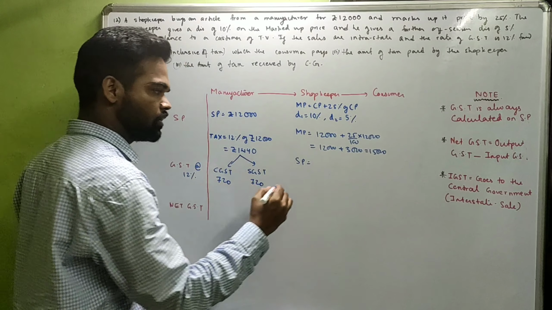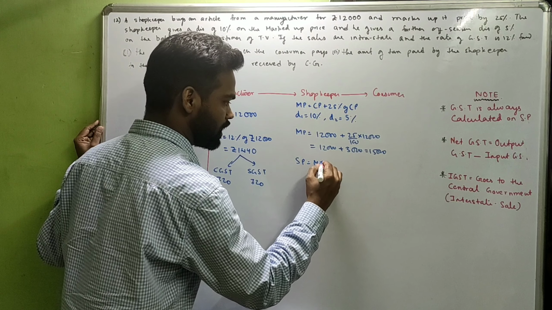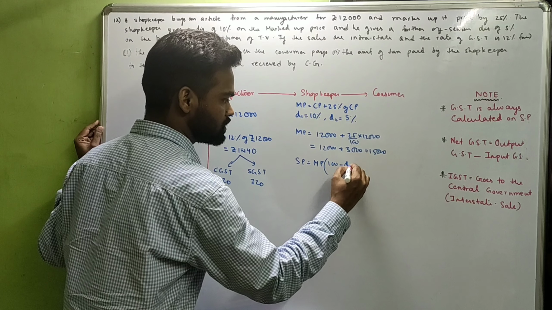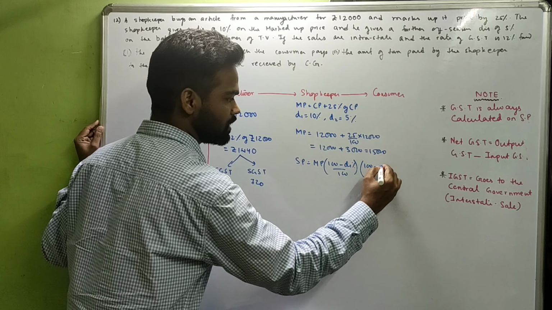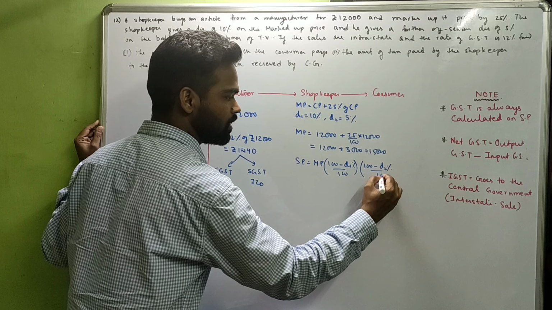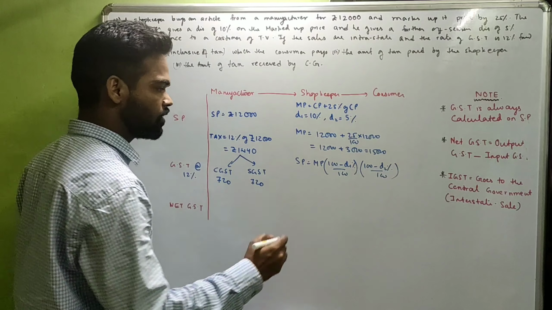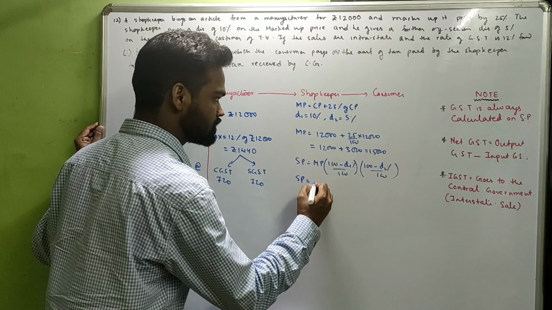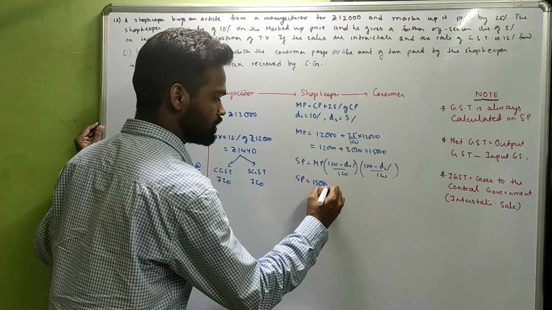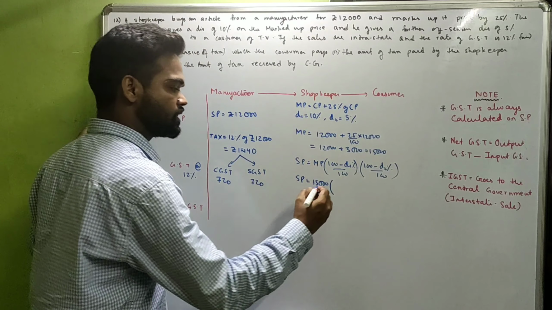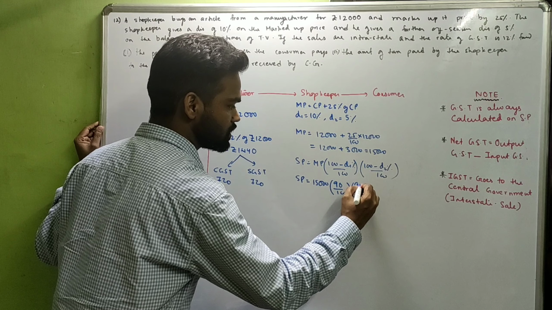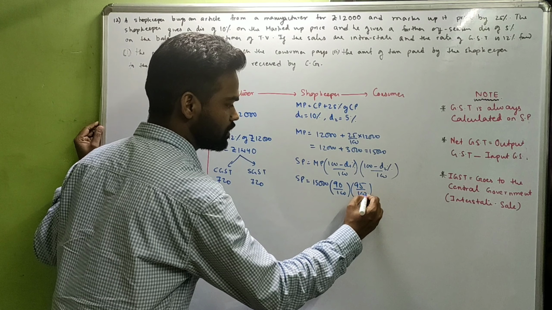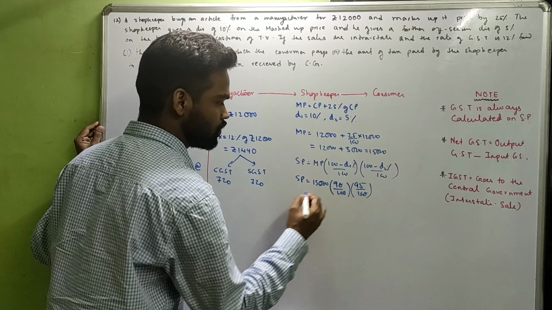Now the SP. There are two discounts, so we know it will be mark price times (100 minus D1)/100 times (100 minus D2)/100. Am I clear or not? So your SP is 15,000 times 90/100, that's 100 minus D1, multiplied by 95/100. These 4 zeros go away.